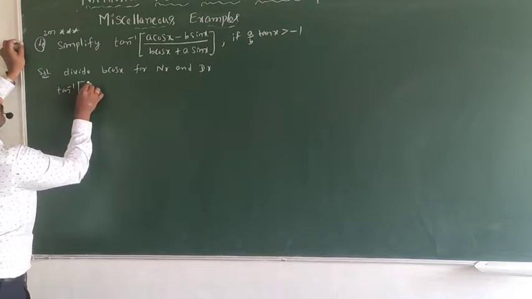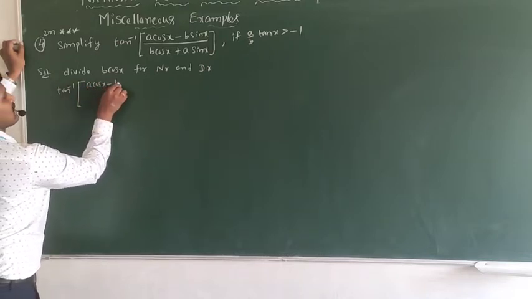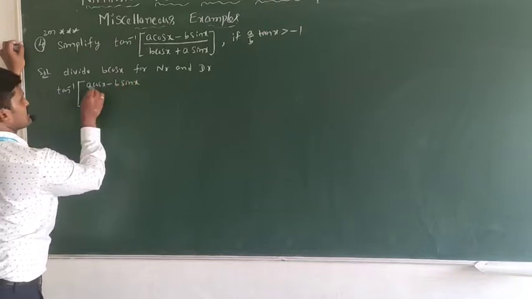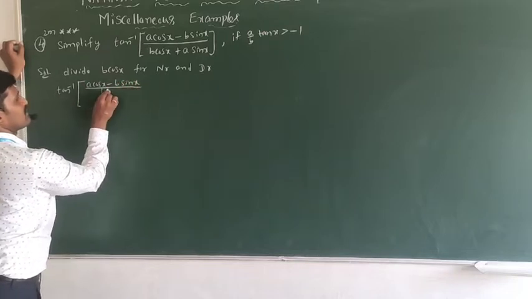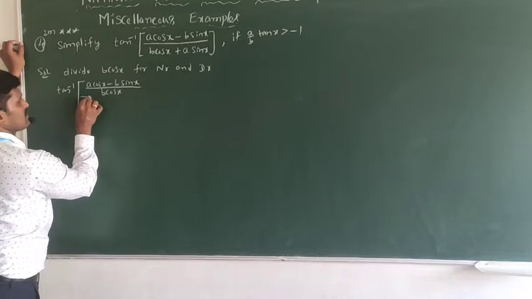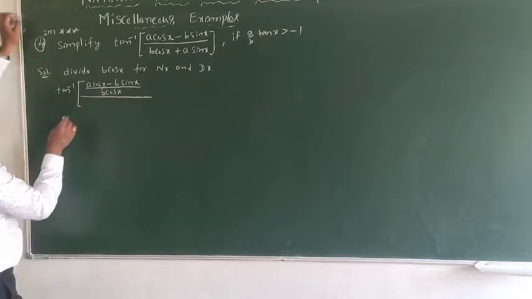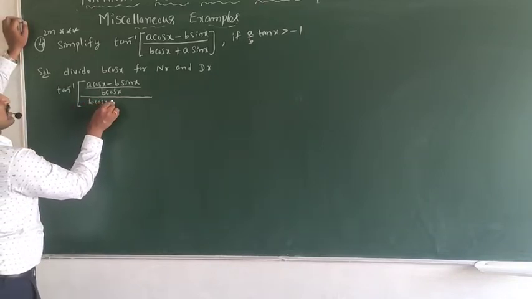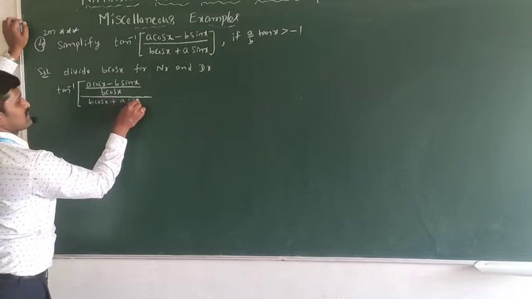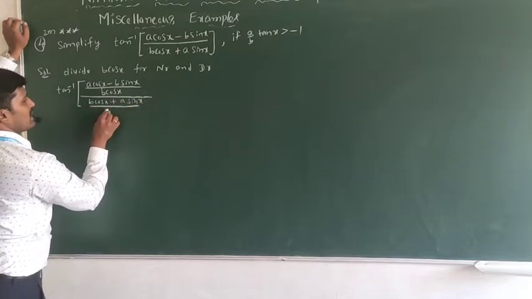Tan inverse of a cos x minus b sin x, whole divided by b cos x, total divided by b cos x plus a sin x by b cos x.